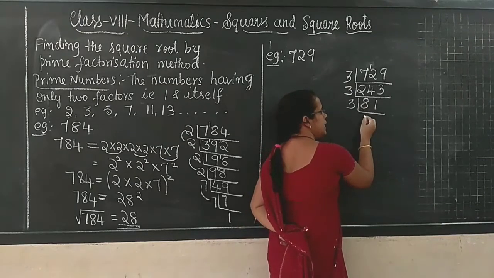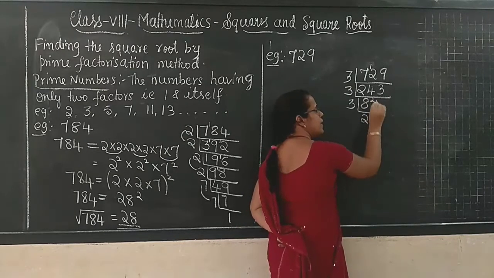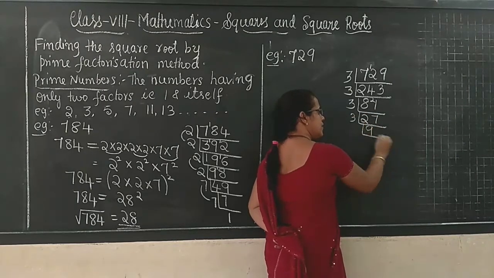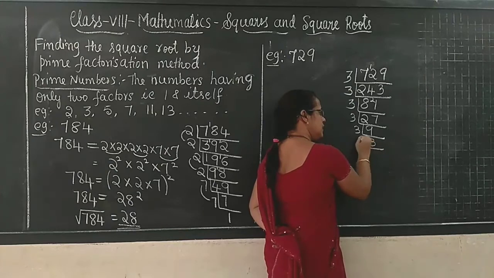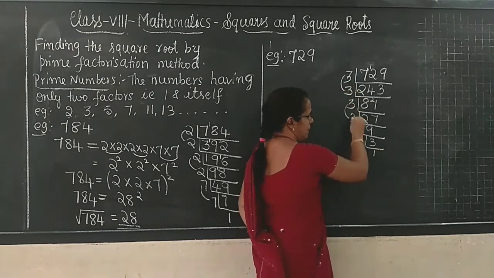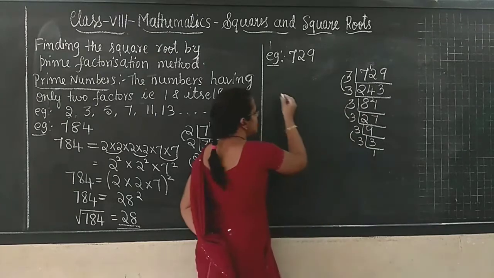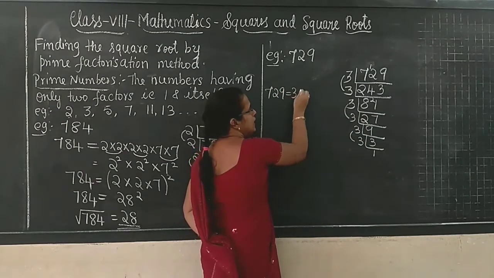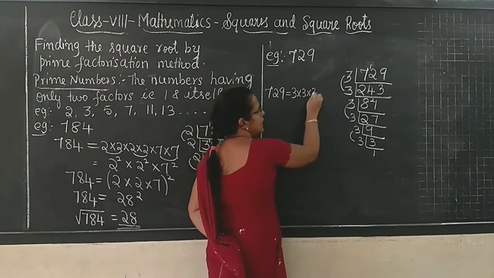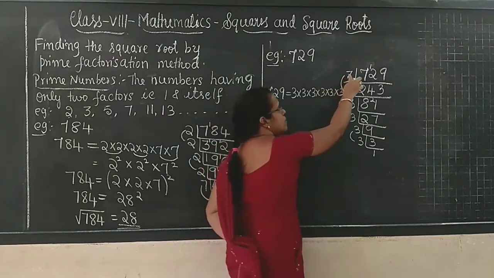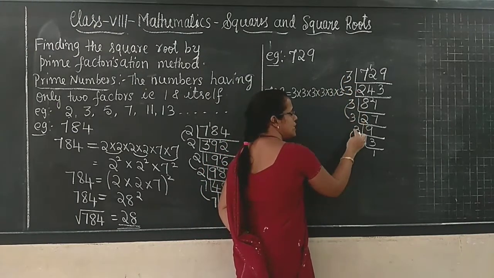3 how much are 8? 3 2s are 6, 3 7s are 27. 3 9s are 27. 3 3s are 9, 3 1s are 3. See, pairing is there or not? Will you agree? So 729 can be written as 3 into 3 into 3 into 3 into 3 into 3. How many times is it repeated? 1, 2, 3, 4, 5, 6.